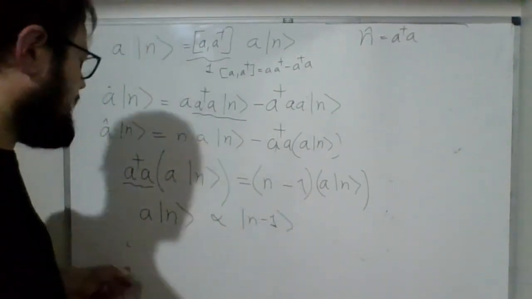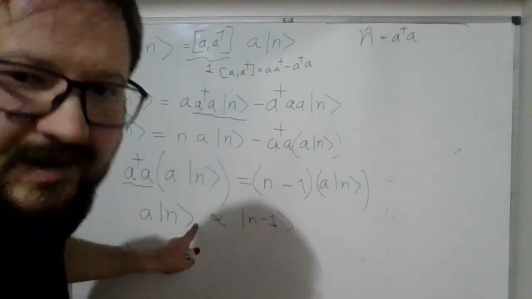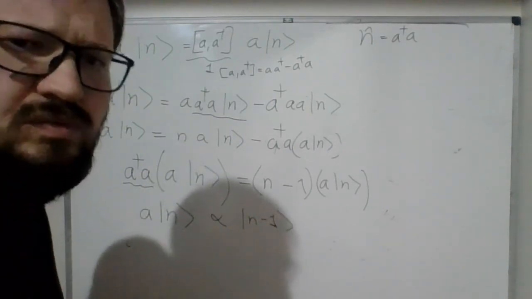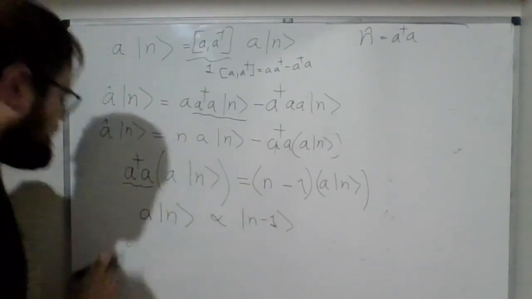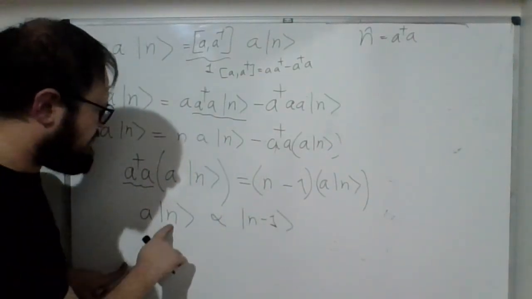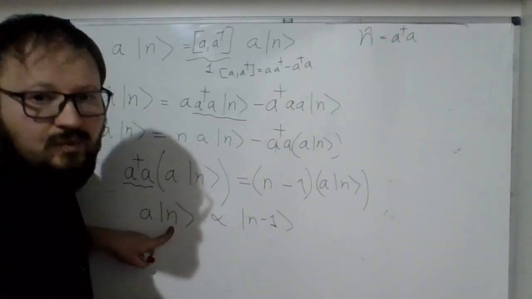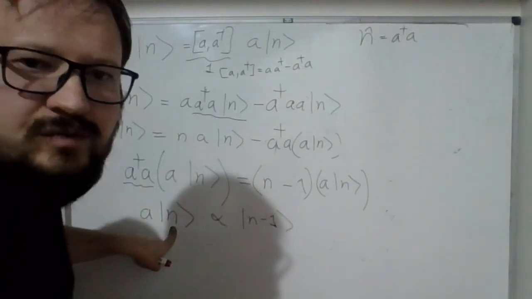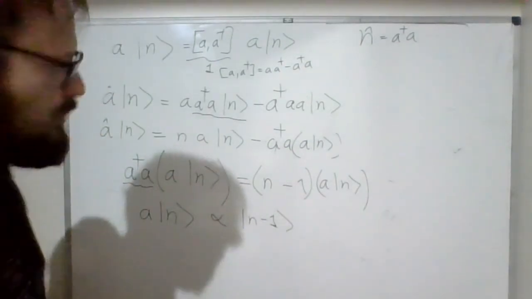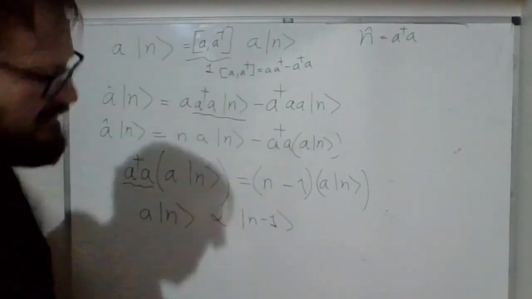So the A operator, as we are trying to identify, is the annihilation operator, because when it applies to an n state, it produces a state with n minus 1 quanta of the field, or of the energy.